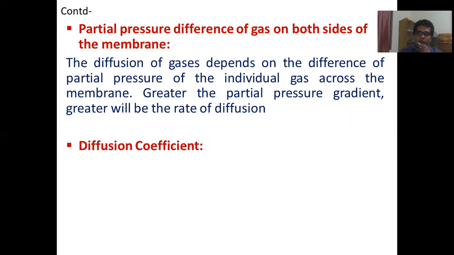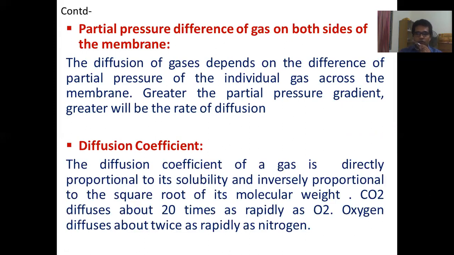Now, the fourth factor is called the diffusion coefficient. So what is the diffusion coefficient? Actually, the diffusion coefficient of a gas is directly proportional to its solubility and inversely proportional to the square root of its molecular weight. That means the diffusion coefficient depends on two important factors. Number one, the solubility of the gas.